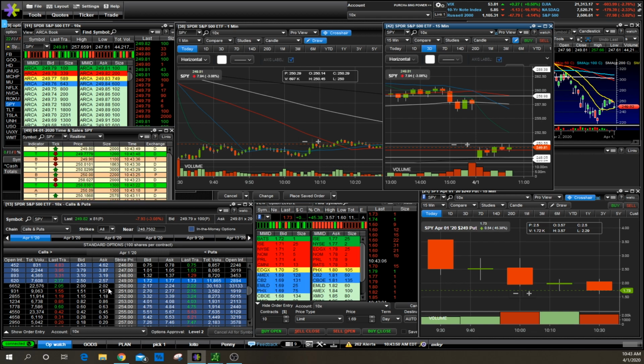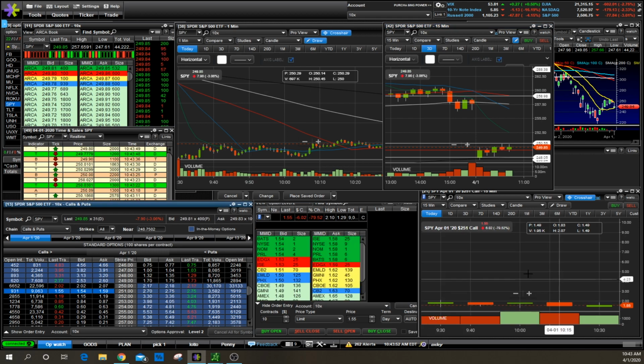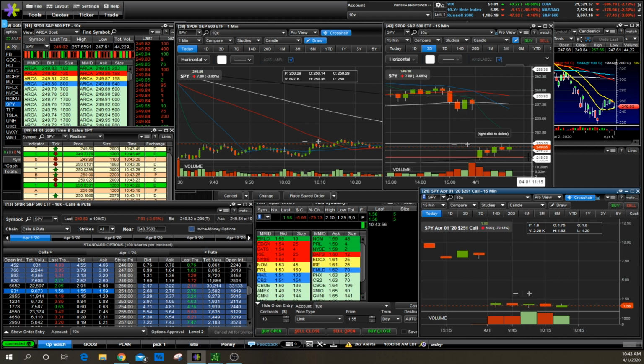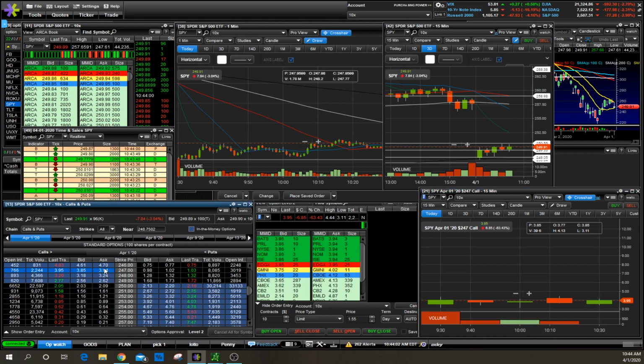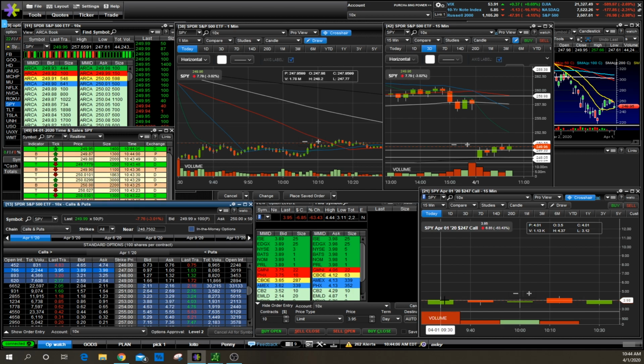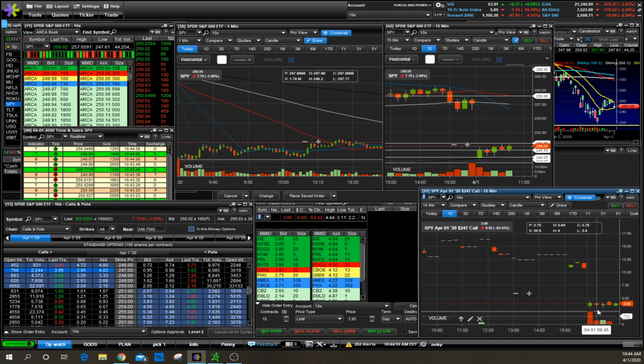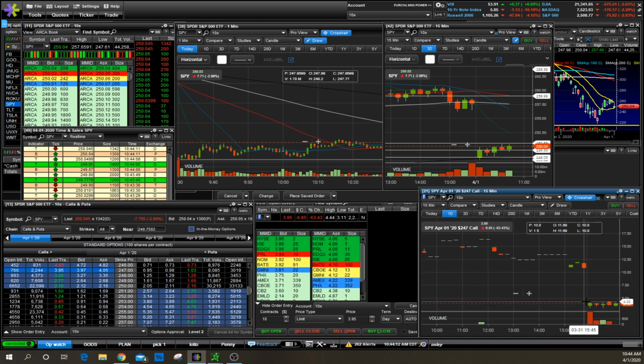But really the range is so tight that it's even hard to get a decent gain. Even these contracts are losing value as the market tries to stay higher. So you almost need to go in the money, which is more expensive. And there's just no reason to be buying these for a 50 cent rise in these option contract prices.